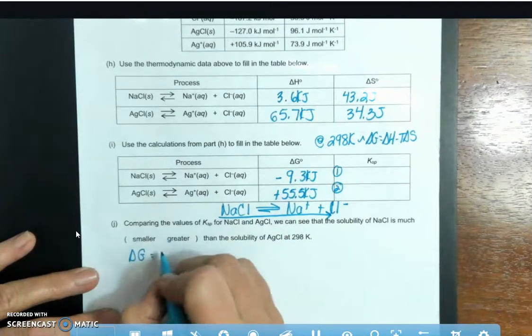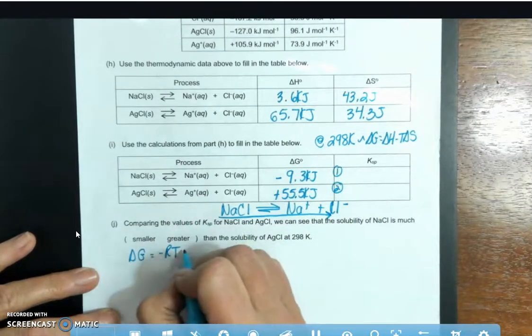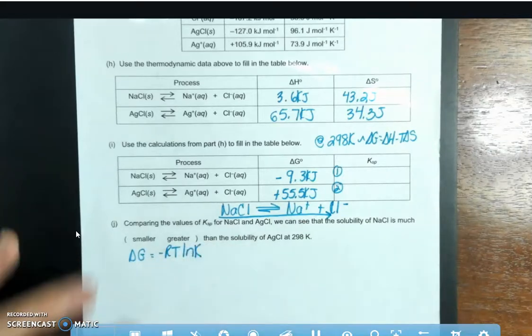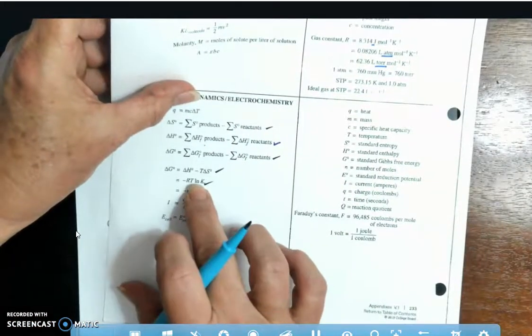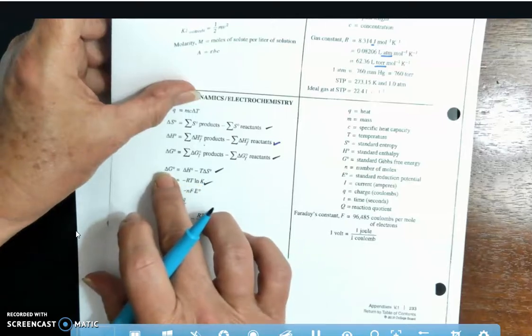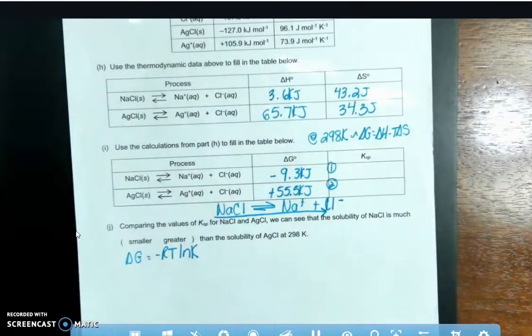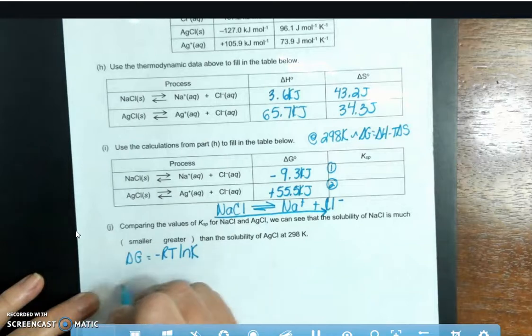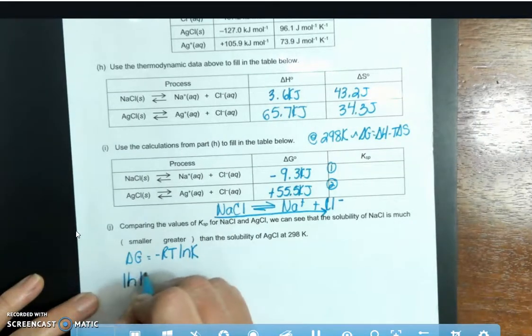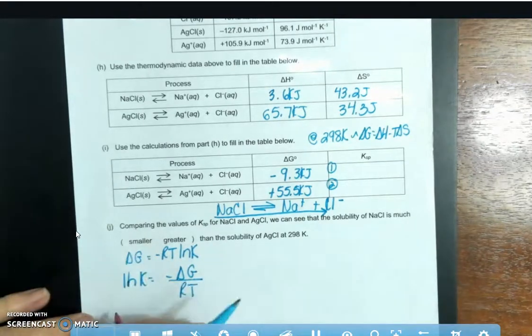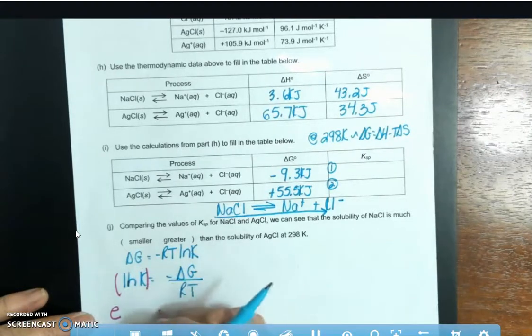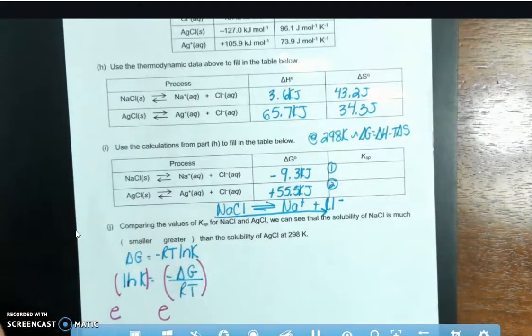Now, if I want to find K, remember we have in our formula chart this equation. It's an easy one to forget that it's there. It's a way to relate Gibbs free energy to the equilibrium constant of your system. Again, if I want K, I'm going to rearrange all this. Ln of K is equal to negative delta G over RT. Again, I'm going to take e to each power.